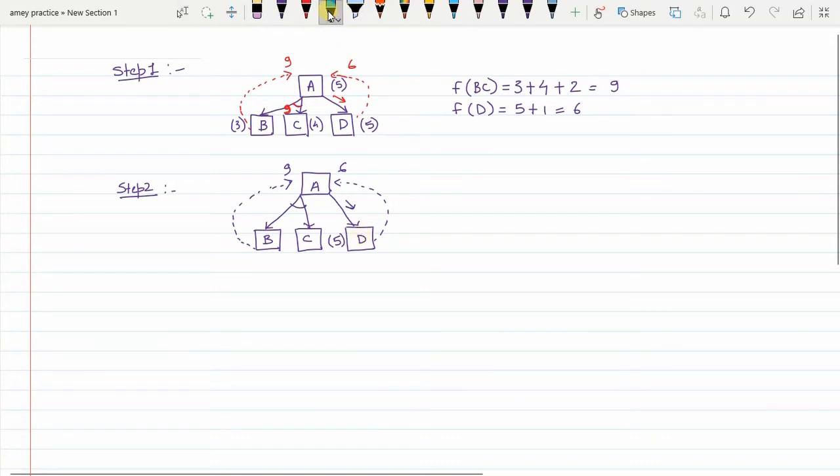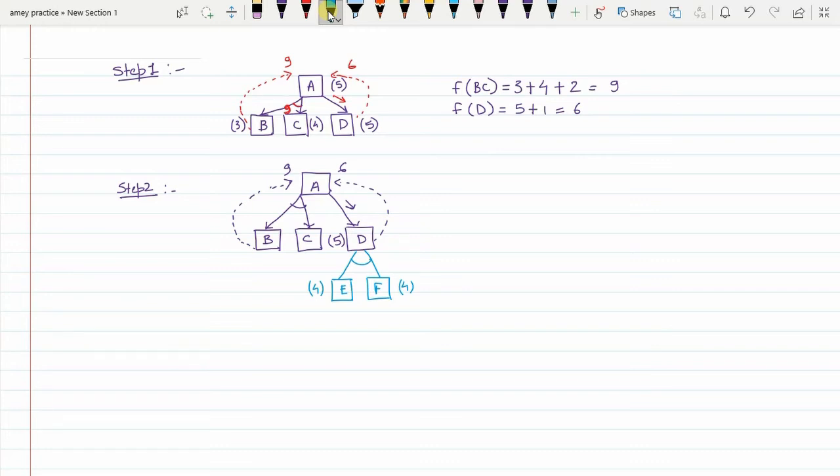When D is expanded, we find that D has 2 child nodes, one is E and the second one is F. The heuristic value of E is 4. The heuristic value of F is also 4. And suppose there is an AND arc connecting E and F.